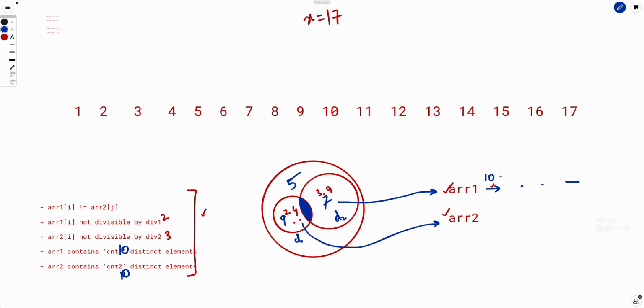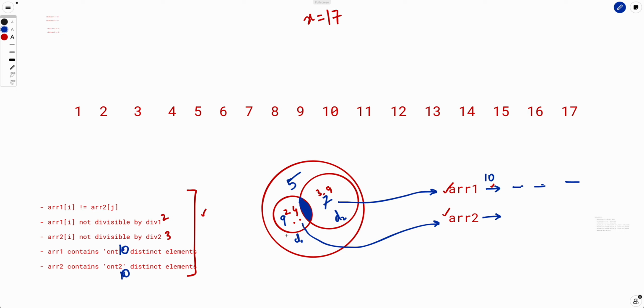Once I put 7 integers here, I need to fill 3 more, right? We have filled 7 integers in array 1 because these are the ones which can't belong to array 2. Similarly, we have to fill 10 integers in array 2.